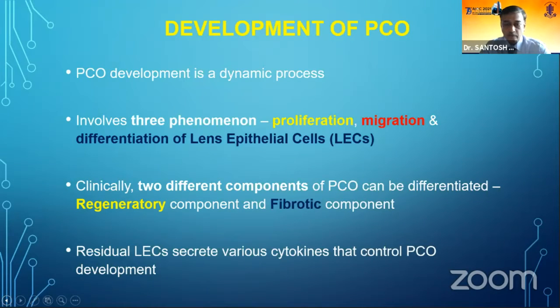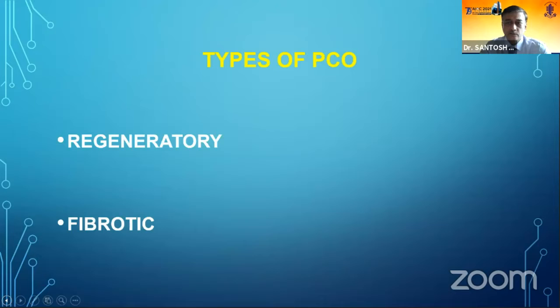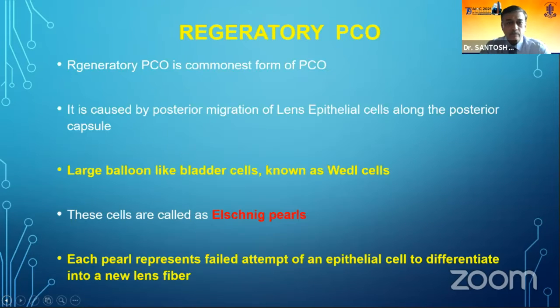Clinically, there are two different components of posterior capsular opacification: regenerative and fibrotic. Residual lens epithelial cells secrete various types of cytokines that control PCO development. Regenerative PCO is the commonest form, caused by posterior migration of lens epithelial cells.